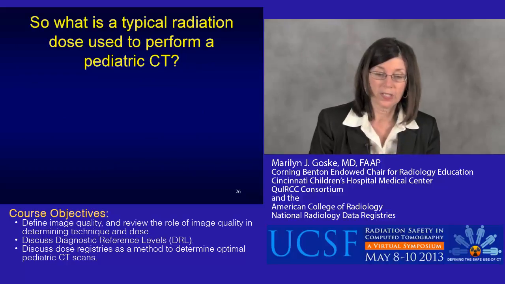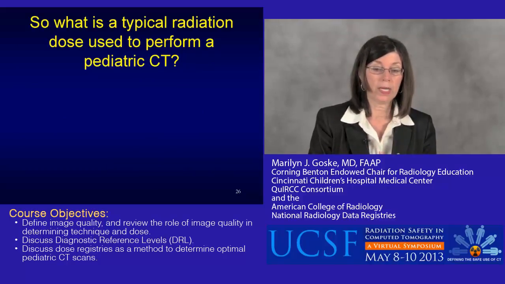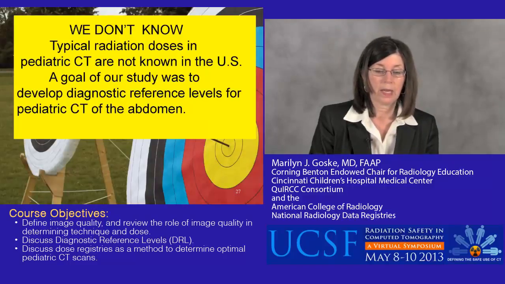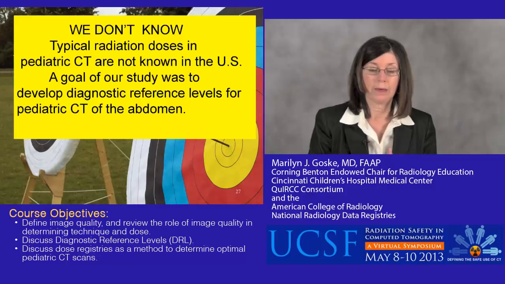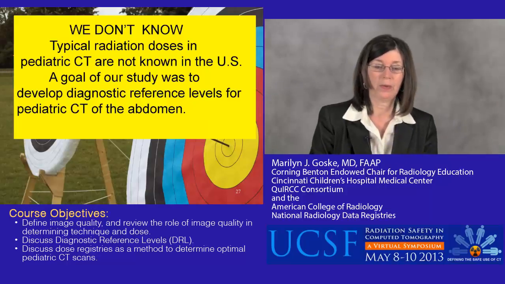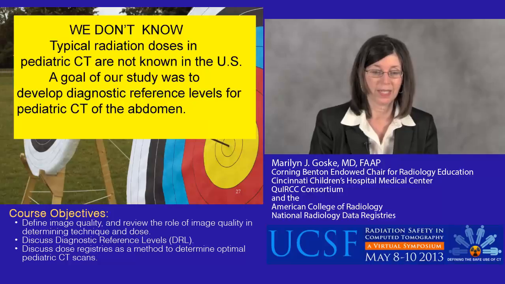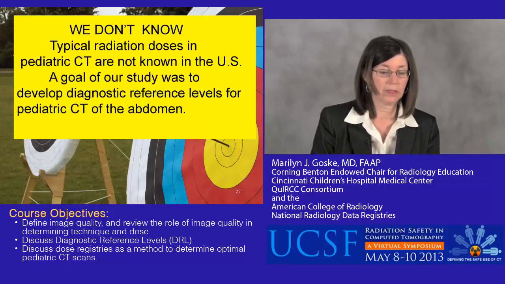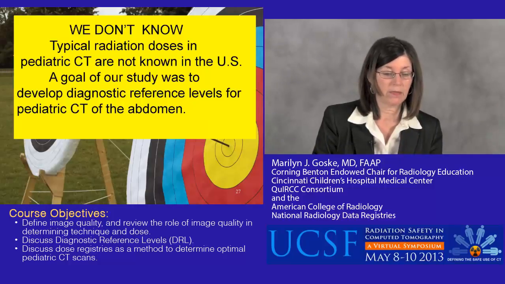One of the questions you may ask is, what is the typical radiation dose used to perform a CT scan in the United States? I think it is amazing to think that we really don't know what a typical radiation dose is in CT scanning in the United States. So a goal of our study was to develop what are called diagnostic reference levels for pediatric CT of the abdomen.